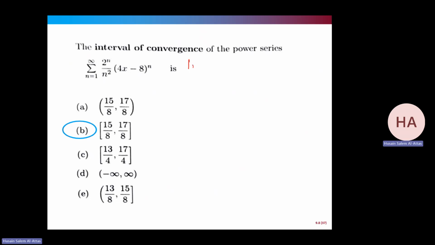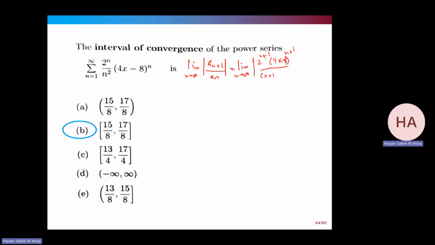So first I will find the limit as n goes to infinity of a_(n+1) over a_n. Yeah, let me do it quickly. That gives me what? 2 to the power n+1 times (x minus a) to the power n+1. Maybe I can simplify, take 4, or you can do it right away.